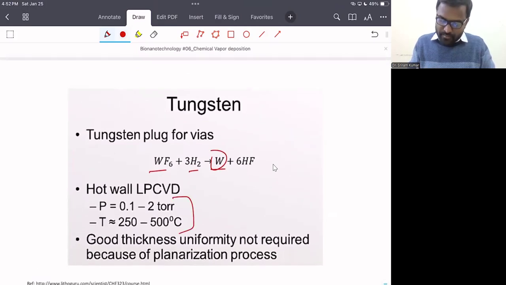And you have the temperature and pressure conditions. So these are the applicability of chemical vapor deposition, and this is the diverse application of this technique. Or you can modify your technique based on what kind of material you want to deposit. So this is all about chemical vapor deposition.